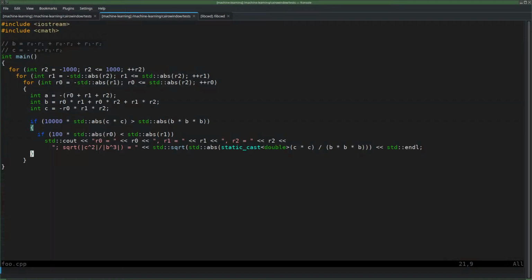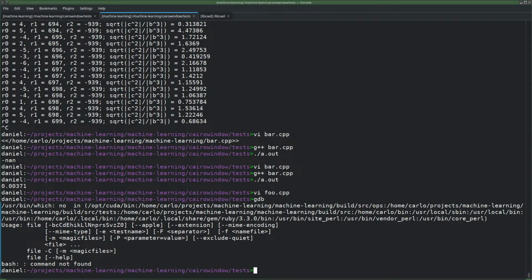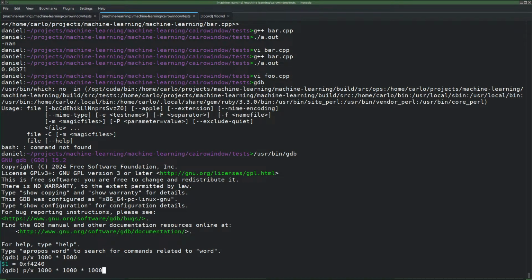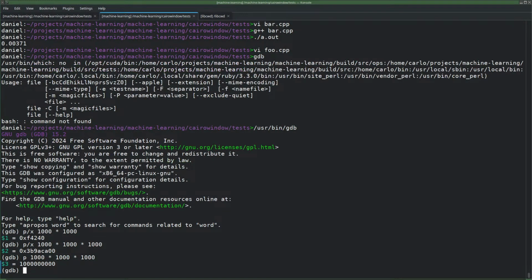The integer can contain 1000 to the power 3, can it not? Maybe not. Yeah.